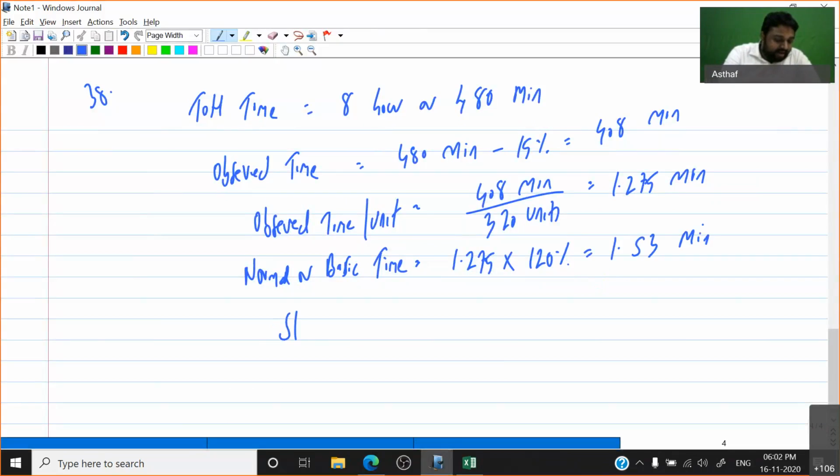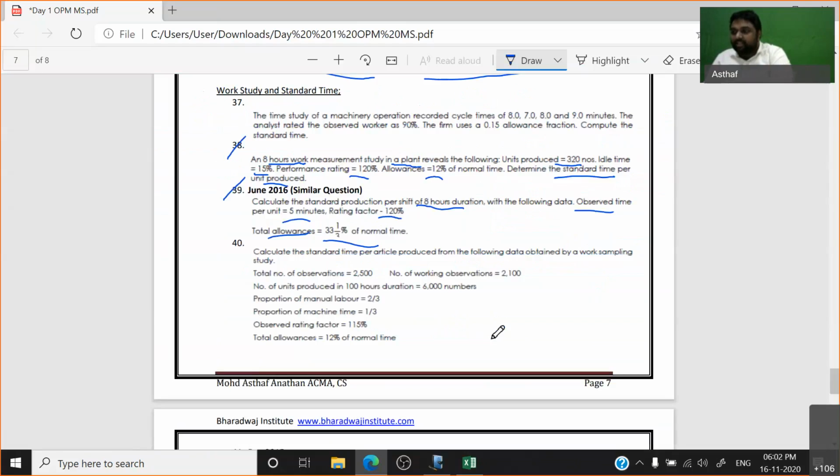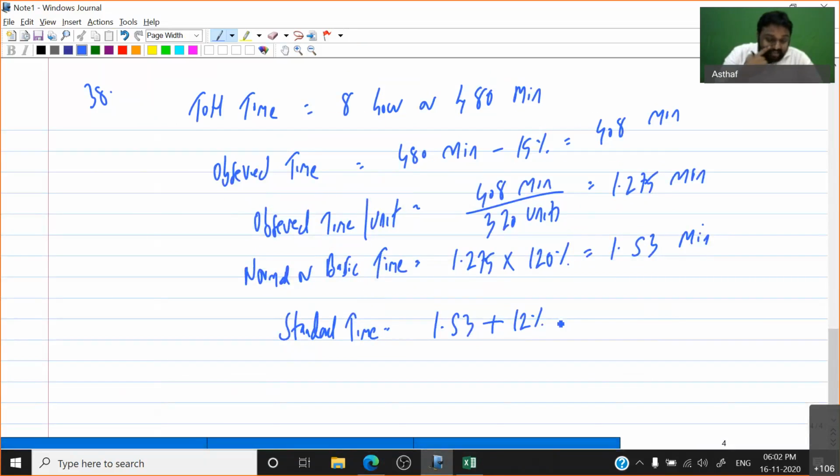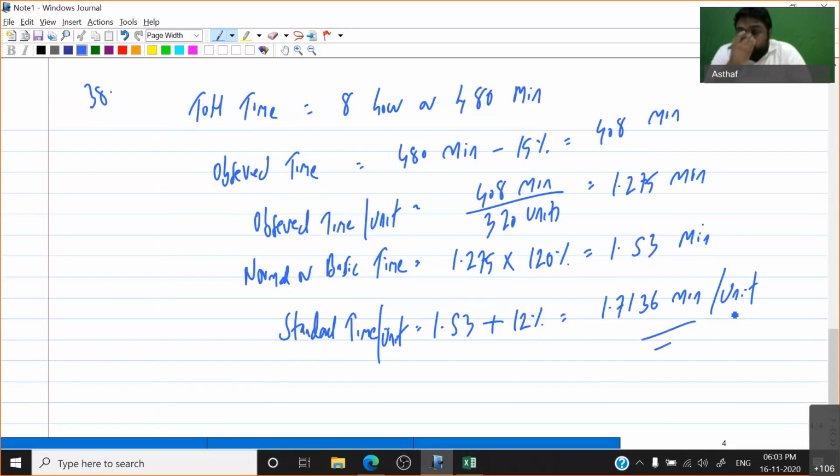Then finally, standard time. 1.53 plus the allowance. In this question they specifically tell the allowance is 12% of normal time. So what will be the answer? 1.7136 minutes per unit.